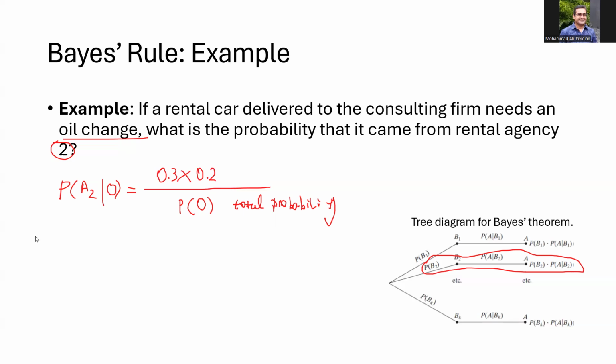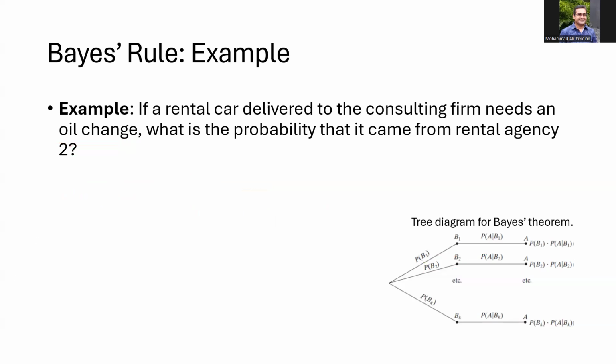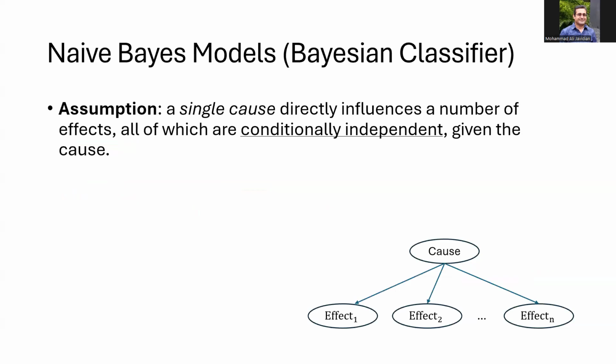So I'm going to clean this page and move on to the next page and explain how a naive Bayes model works. We can explain the naive Bayes models, which is technically a Bayesian classifier, using some graphical models like the one that you see at the bottom right of this page.